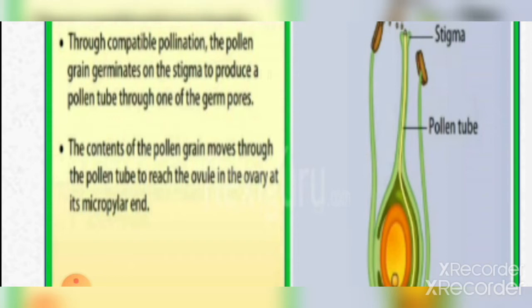You can see here the pollen grains resting on the stigma, and the stigma accepts them. Then the contents of the pollen grains move through the pollen tube to reach the ovule in the ovary at its micropyle. What are the contents? You should know. What is the content present in the pollen tube?